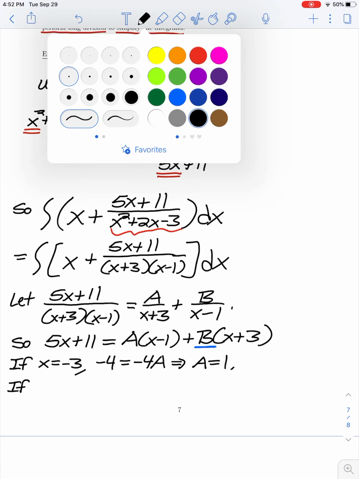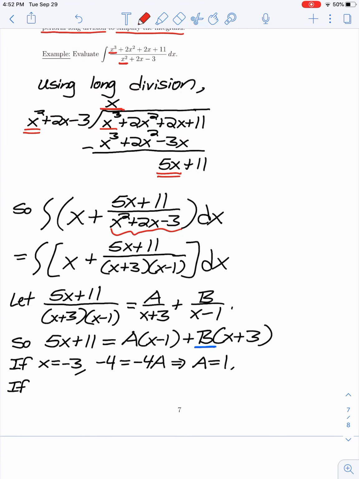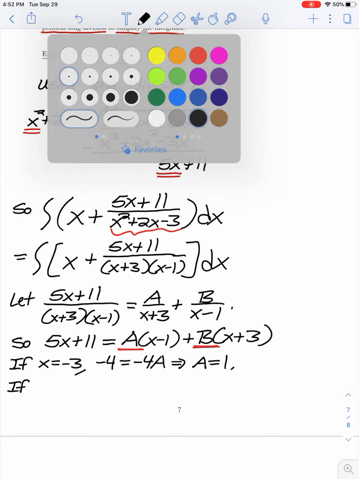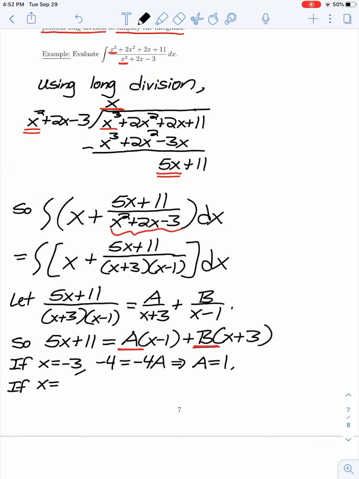Now, if I'm trying to solve for B, if I want to kill off the A coefficient, I could choose x as 1. So if x is 1, then my equation becomes 5 plus 11, or 16, is equal to 4B, which implies that B is 4.